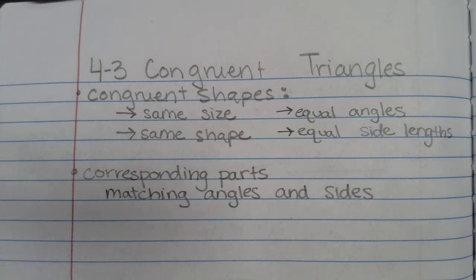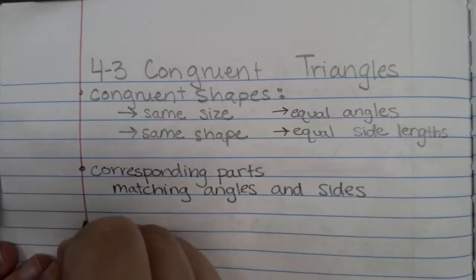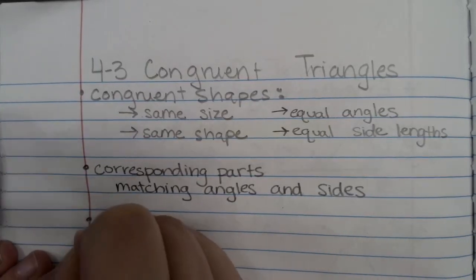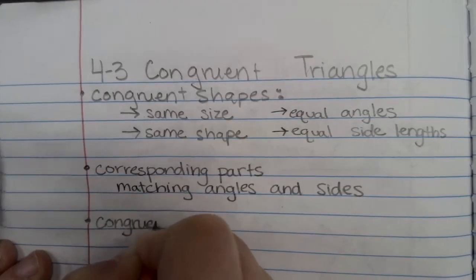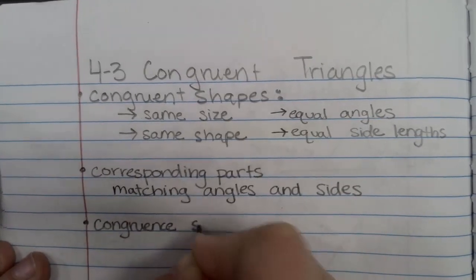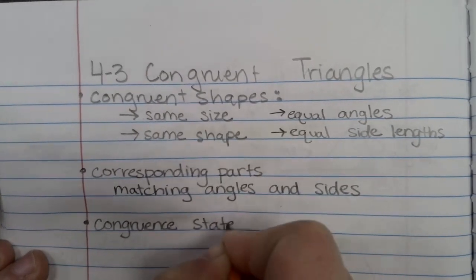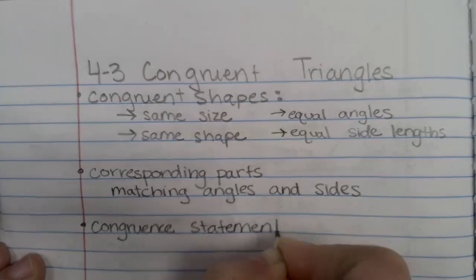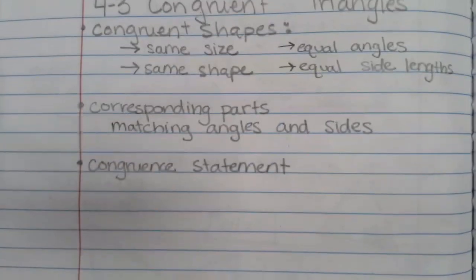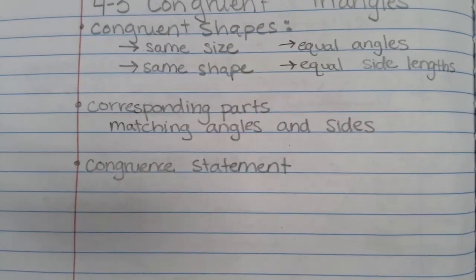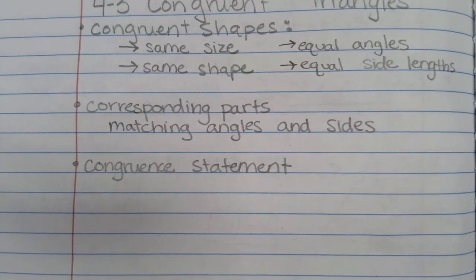All right, and then our last thing we're going to talk about here before we do our two examples is a congruence statement. And we've written congruent statements, but we've only done it with like angle 2 is congruent to angle 3.